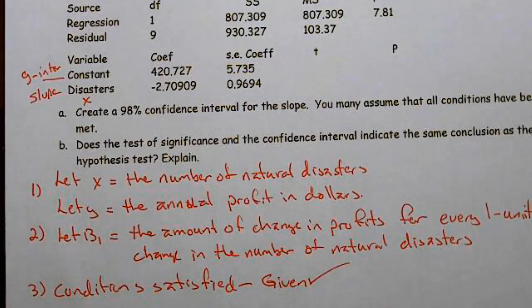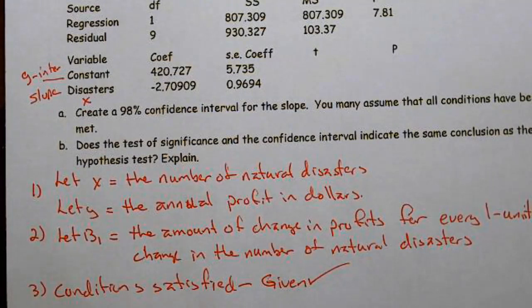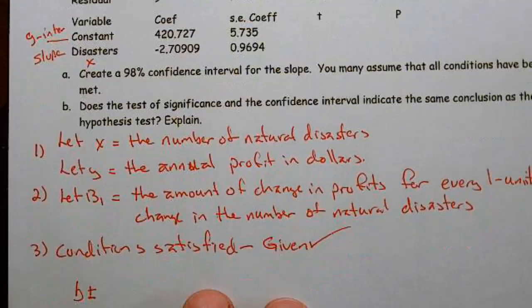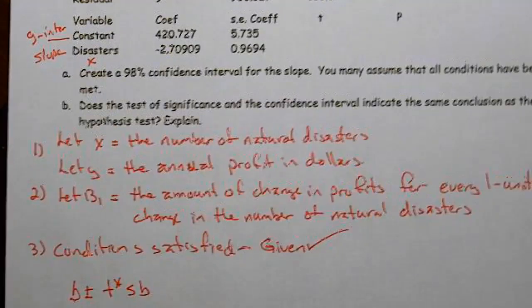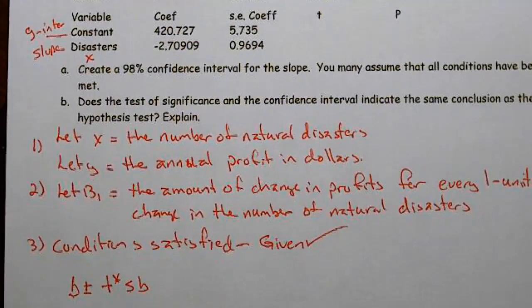All right, so from there, we need to move along and write the formula for the test. Our formula is very easy, and it's going to be B plus or minus T star SB, my slope plus or minus T star SB. Well, I'm going to start filling in what I know. The very first thing I know is that this is my slope.